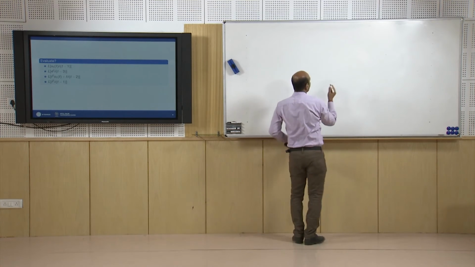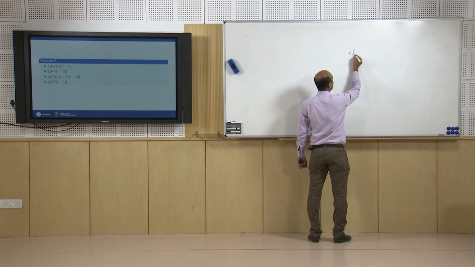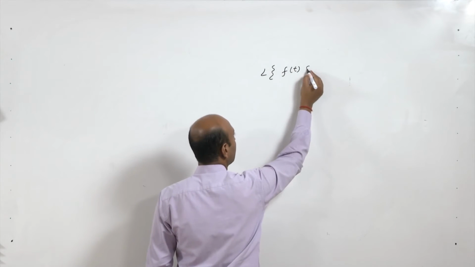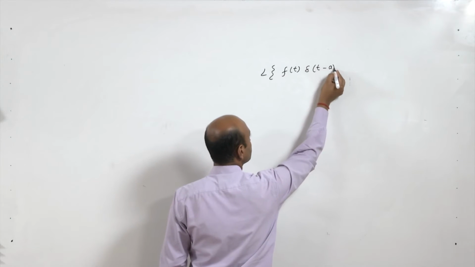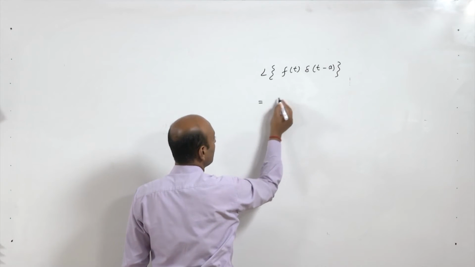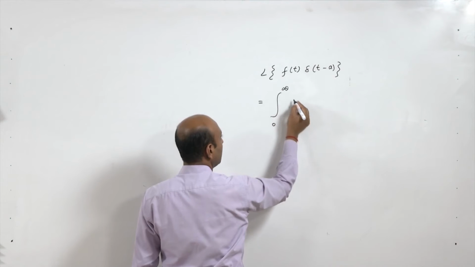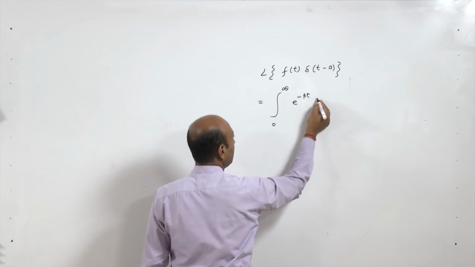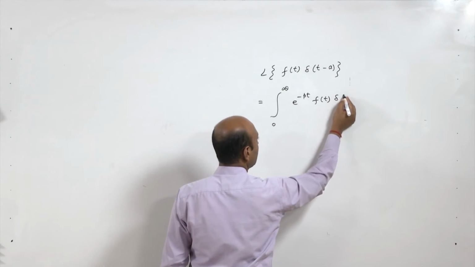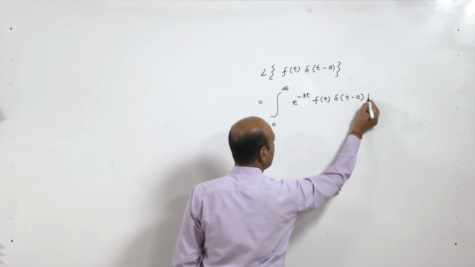Now, whenever we want to find out the Laplace transform of some f(t) into Dirac delta at t equal to a, this will be equal to integral 0 to infinity e to the power minus pt f(t) into Dirac delta at t equal to a dt.